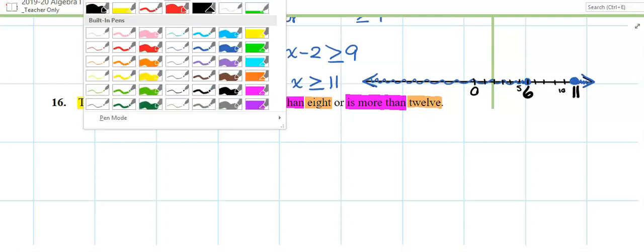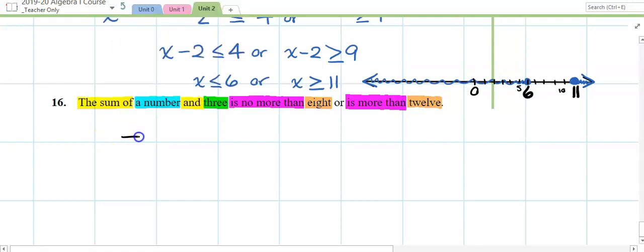So translating on the left, we have the sum, which means add, a number and 3 is no more than 8. So let's think about this. Can it be greater than 8? No, because it says no more than.